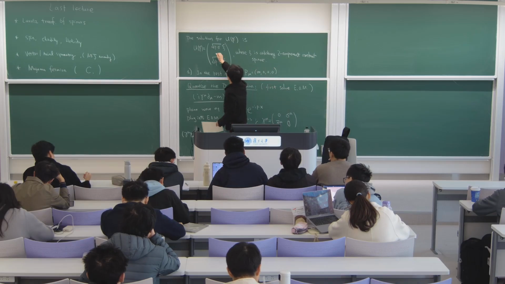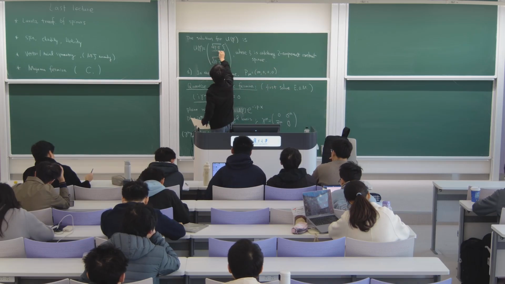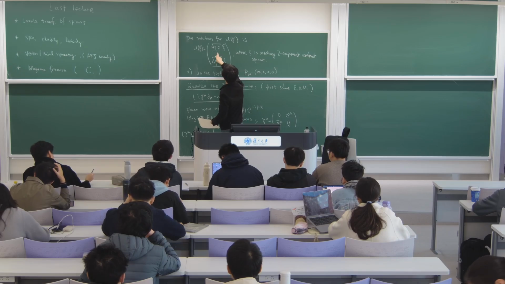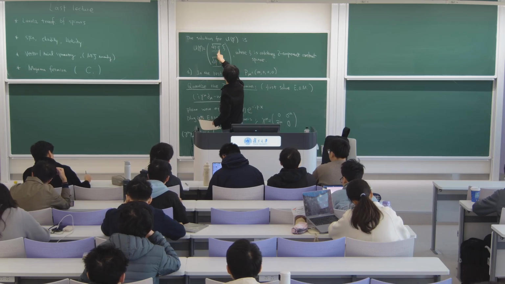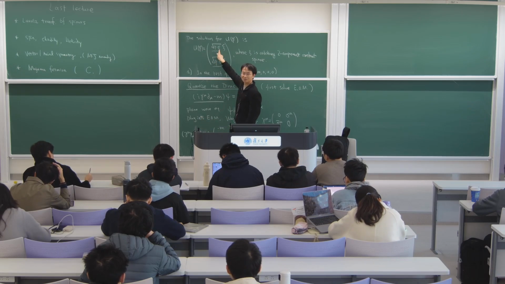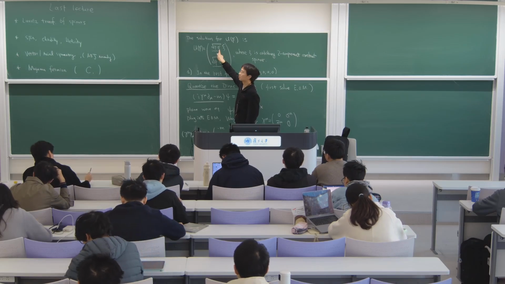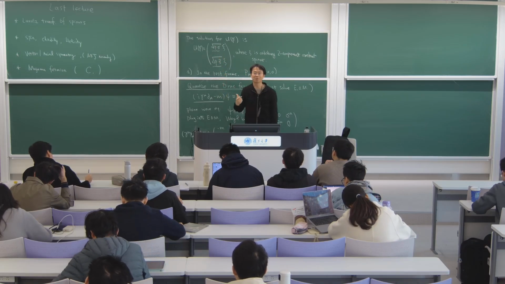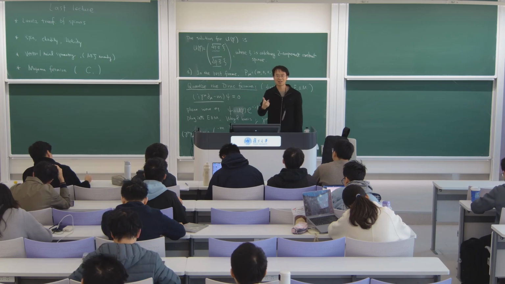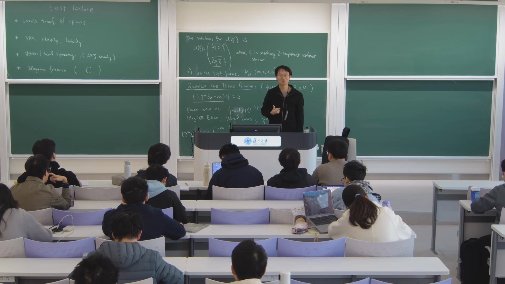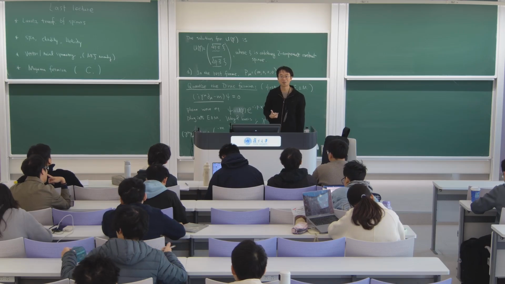Now, in this solution, there is a structure that looks like a square root. This P dot sigma is still a matrix, because P dot sigma is a contraction over the mu indices, and P is a number while sigma is a matrix. So do you know how to take a square root of a matrix?